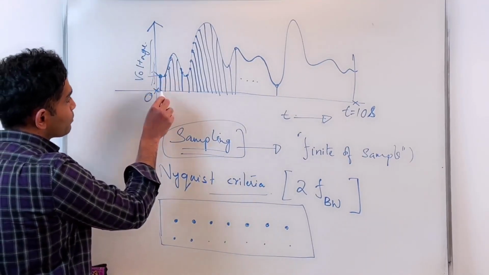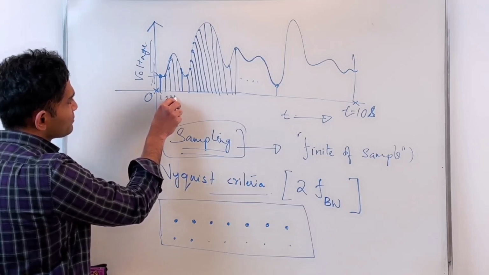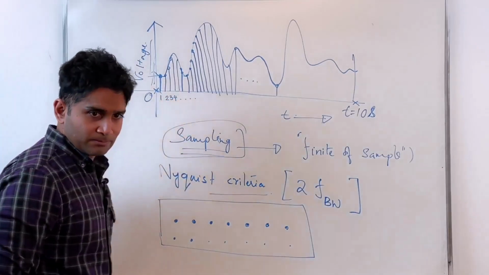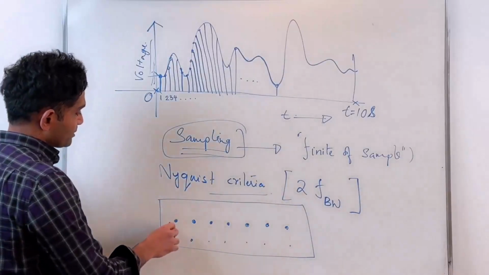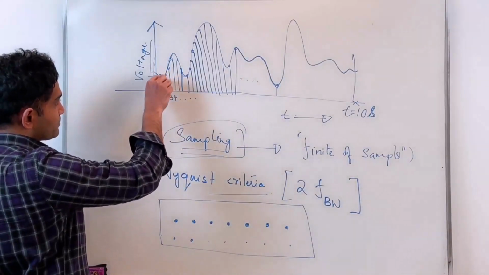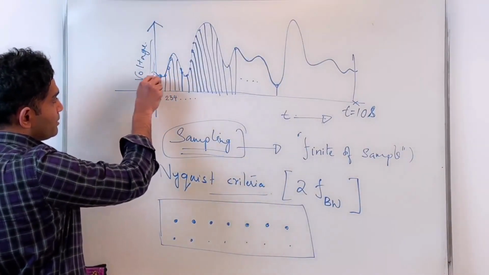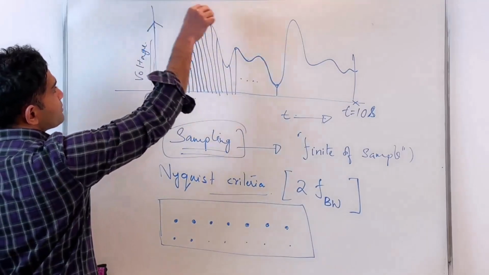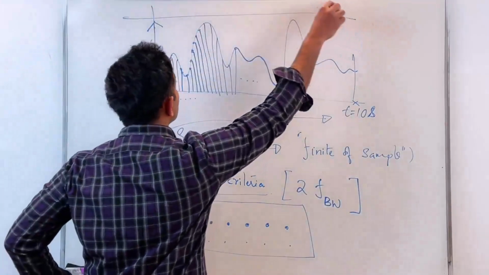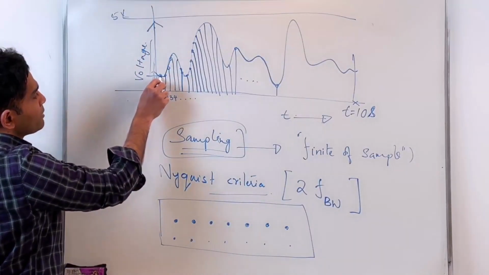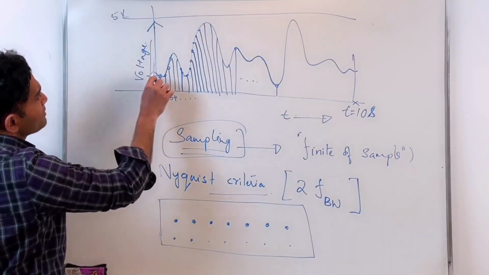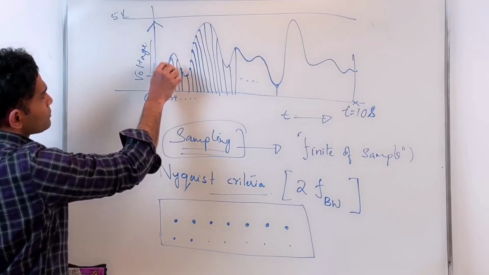Because this is sample 1, 2, 3, 4, and so on. So in other words, I would measure the voltage here. Let's say that these are lying between 0 and 5 volts. Let's say this is 5 volts, that's 0 volts. So you know what this voltage would be. Let's say that's 1.125 volts.